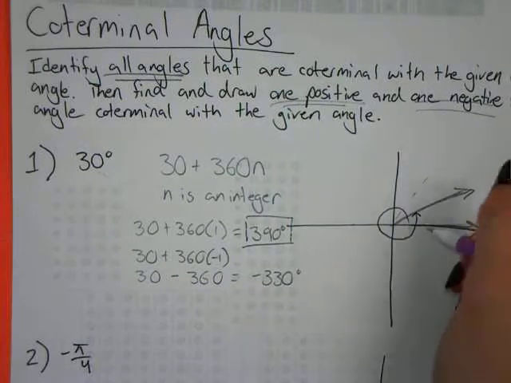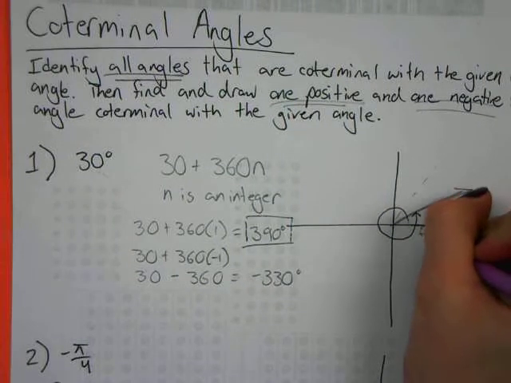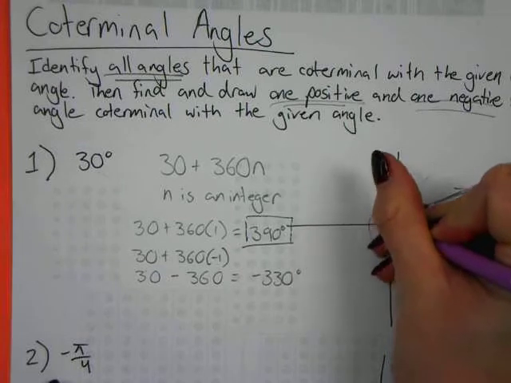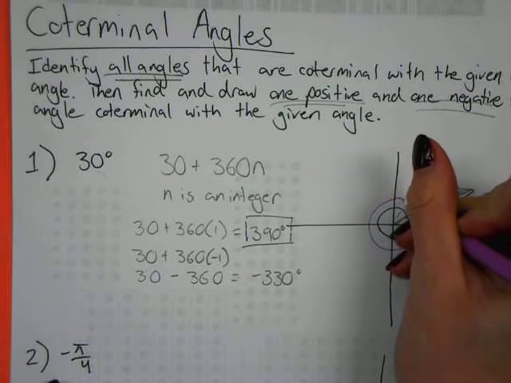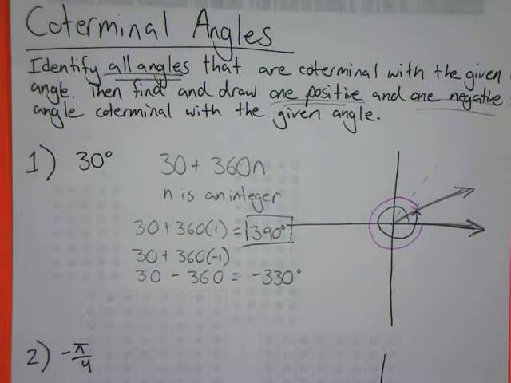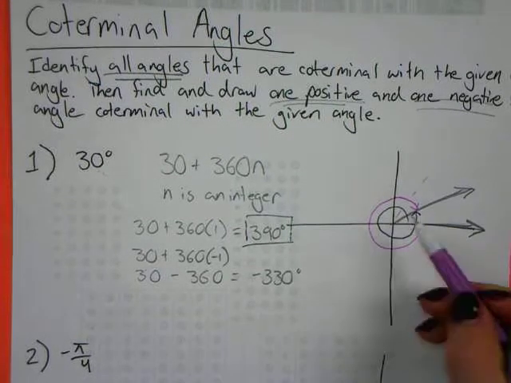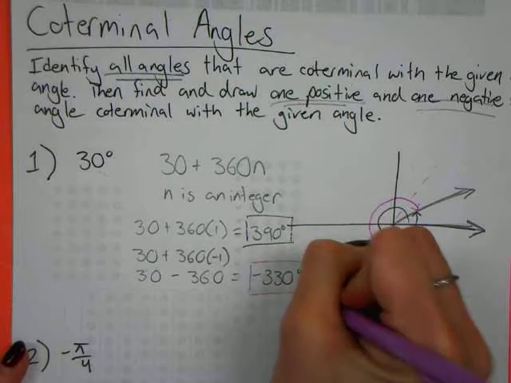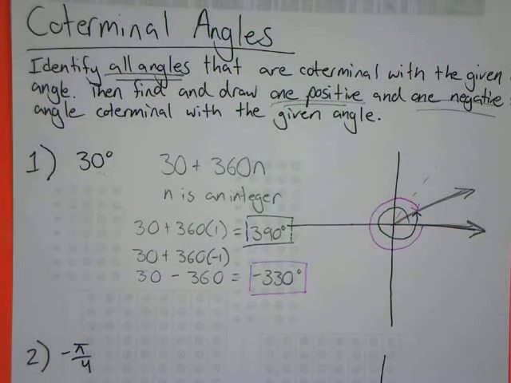If I start at this initial side right here and I go back 90, 180, 270, and 60 more, I'd be at negative 330 degrees. I end up at that same terminal side right there. So this one would be negative 330 degrees.